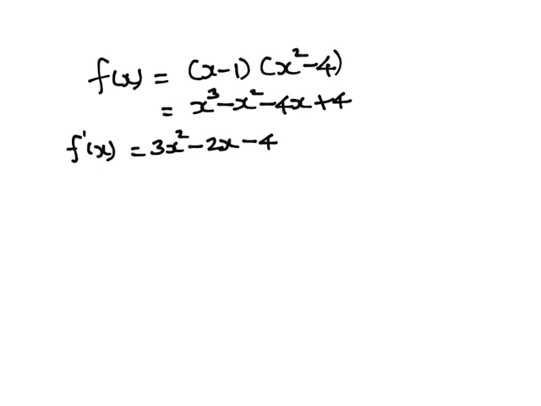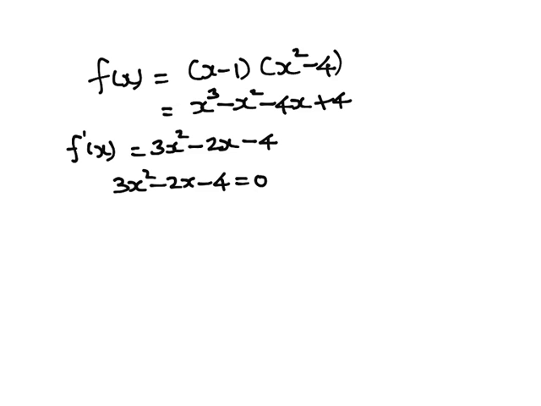I need to find the stationary points here, so I need to equate to 0. So 3x squared minus 2x minus 4 equals 0. Now this quadratic equation will give me irrational roots.